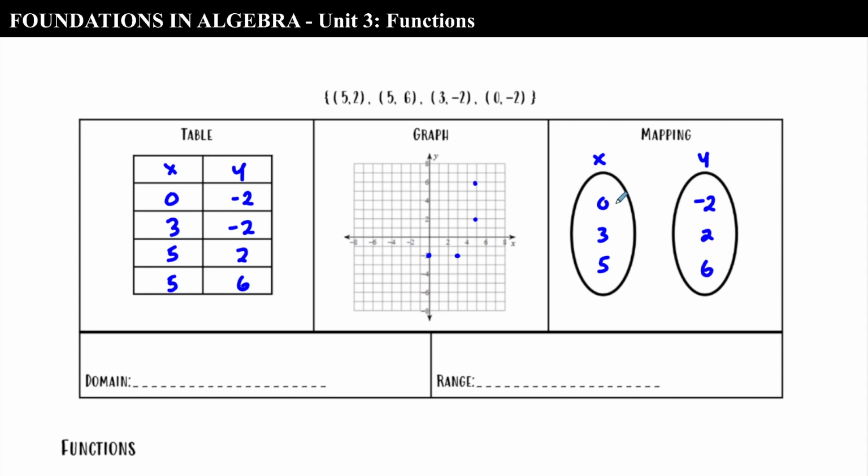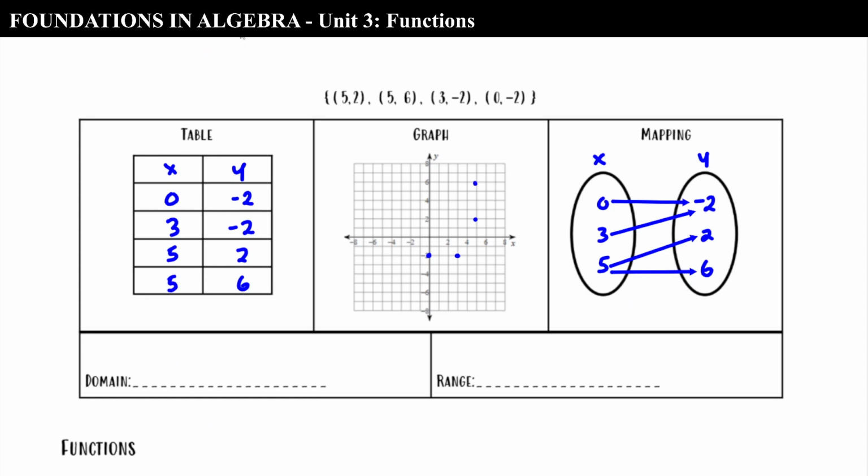So we have 0 going to -2. We have 3 going to -2. We've got 5 going to 2. And we have 5 going to 6. As far as our domain goes, that's going to be all of our x values.